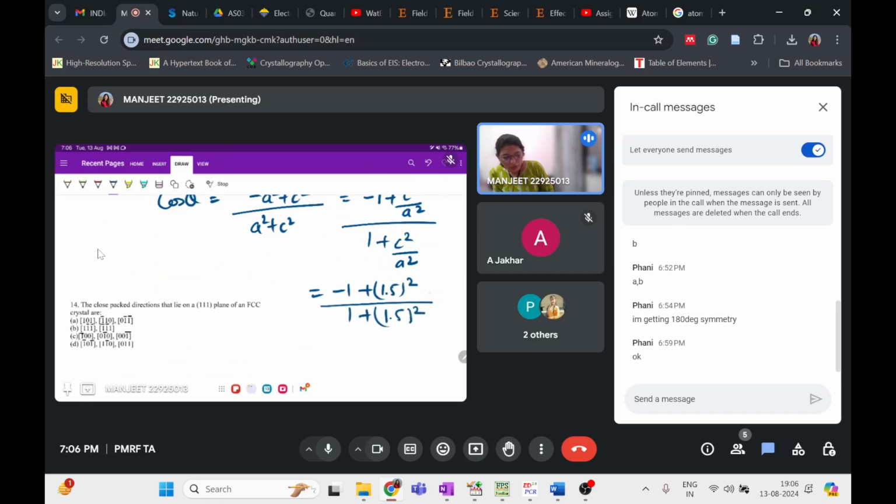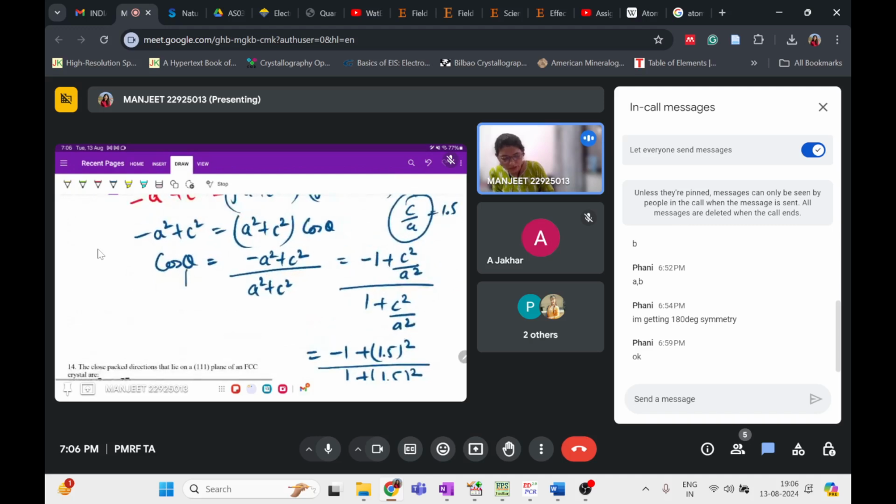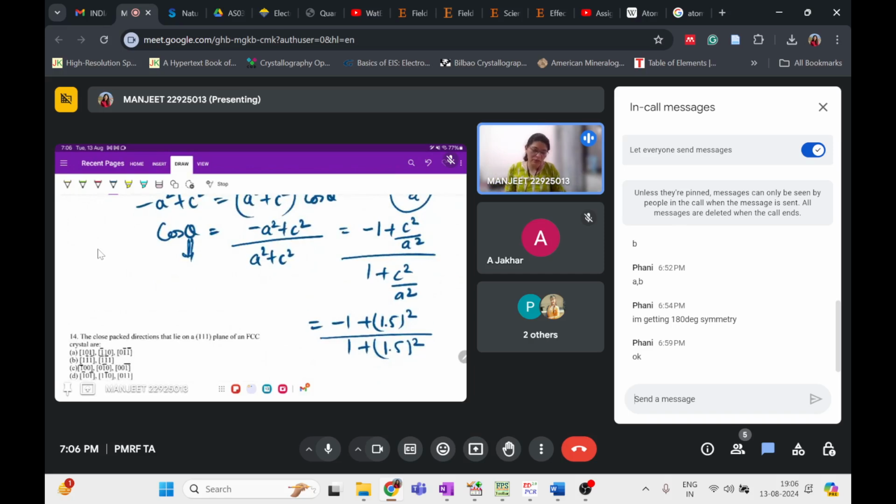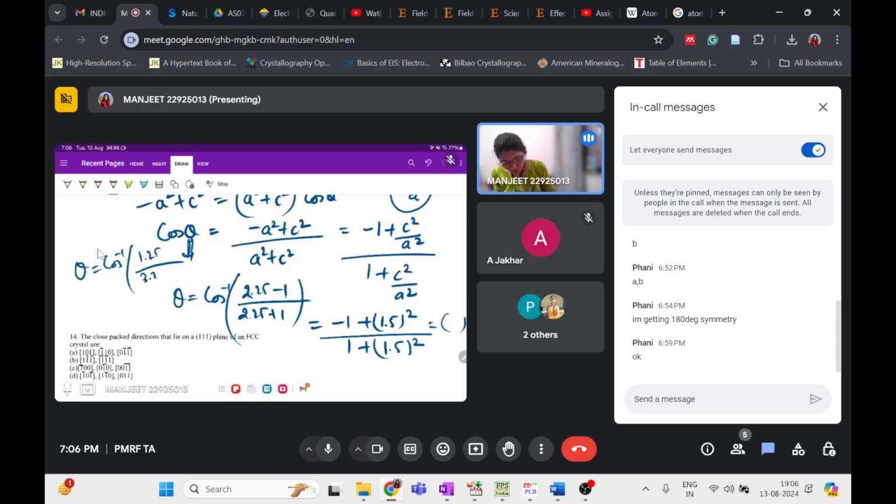Just put the value here and find theta for this one, by taking the cos inverse of whatever this value comes out to be. 1.5 square will be 2.25, so 2.25 minus 1 and 2.25 plus 1. So this will give you theta equal to cos inverse of 1.25 divided by 3.25.